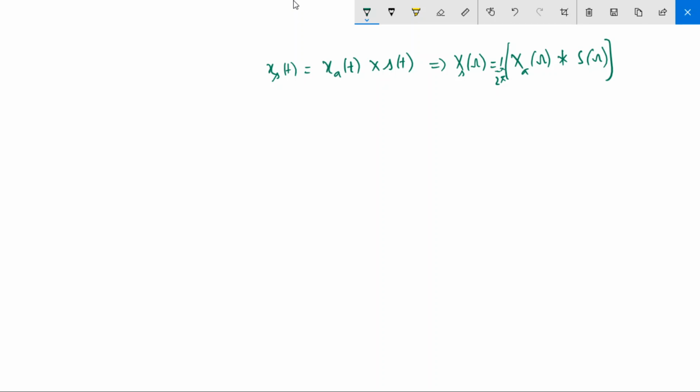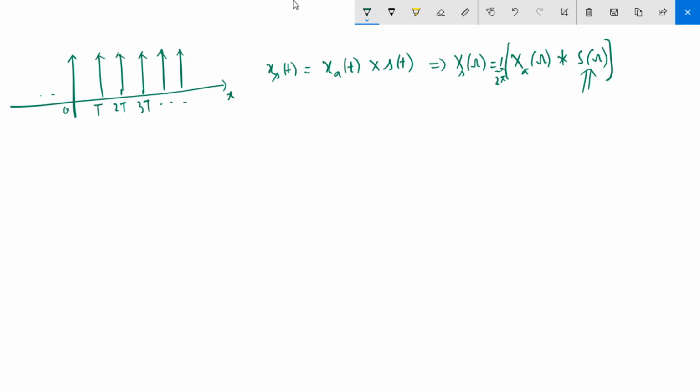Now you have to find the spectrum of s(t), an impulse train, where an impulse is located after every time T, 2T, 3T, and so on.